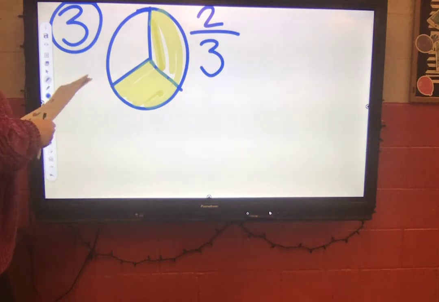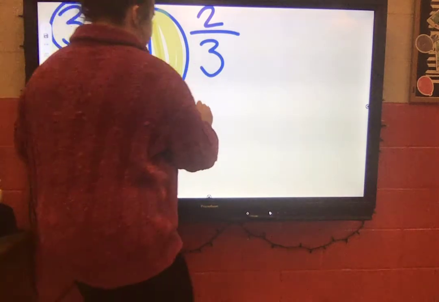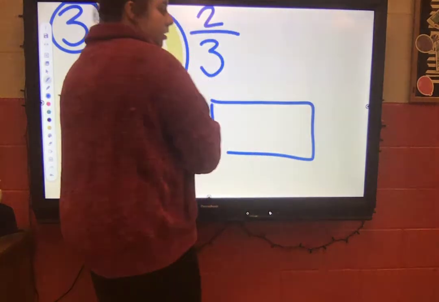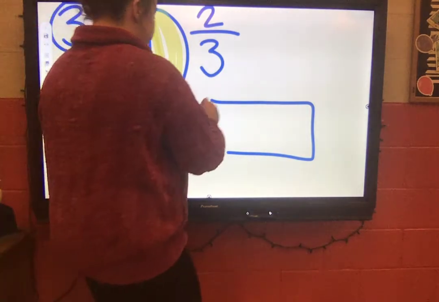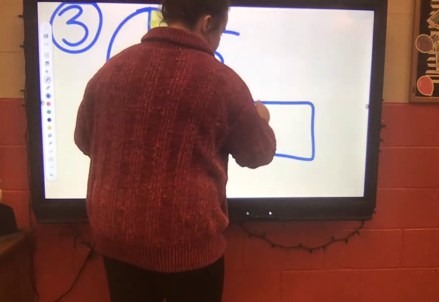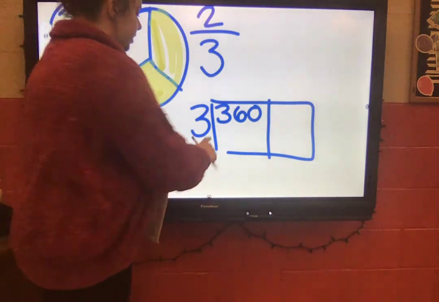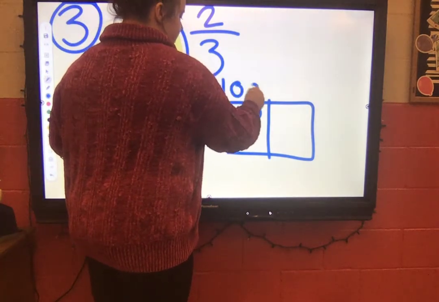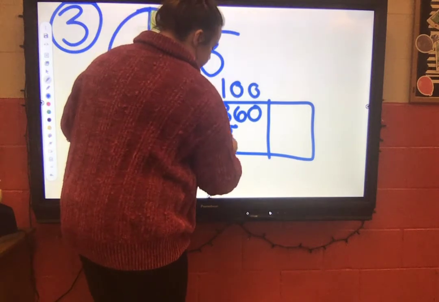Now I need to figure out my degrees. Take my denominator, 3, divide it into the total number of degrees in a circle, which is 360. How many times will 3 go into 3? 1. Fill the rest in with zeros. 100 times 3 is 300.